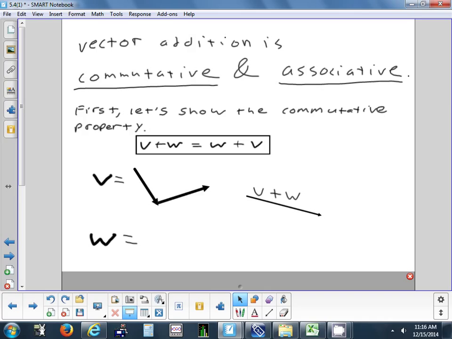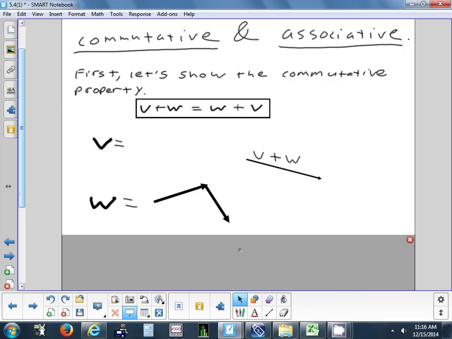Now let's switch it. Let's take w and add v onto the end of that. Right, so I just switched the order that I added them up in. If you look, they're the exact same thing.